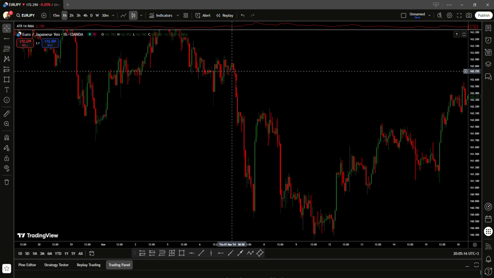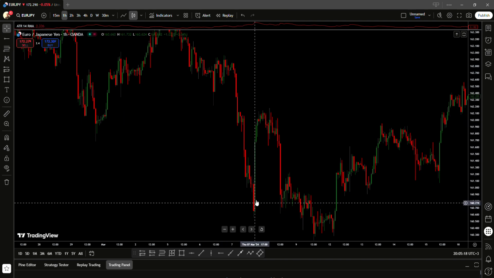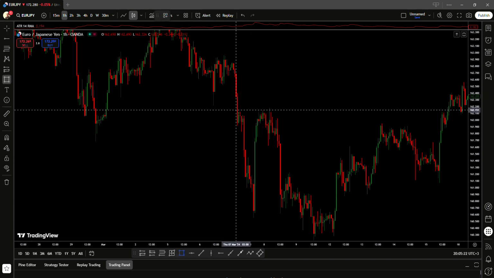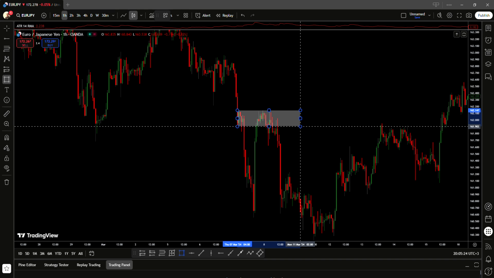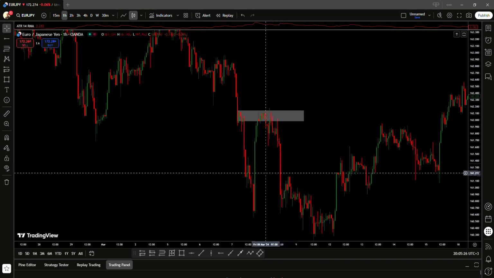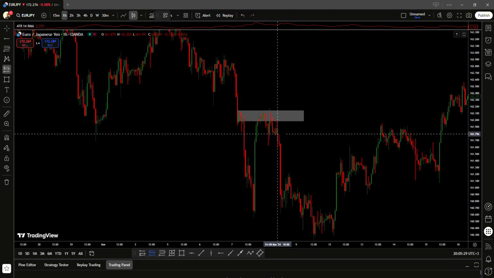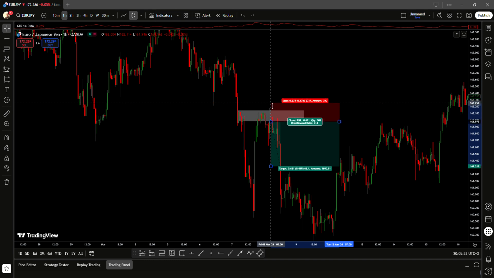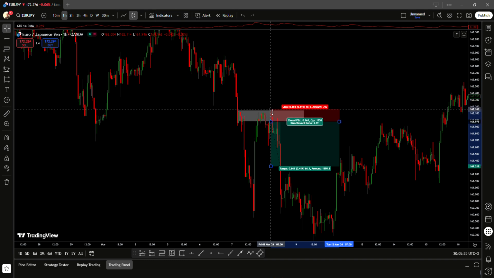So after price changed character from here, it started dropping. Then we had this one: drop, base, drop. So where do we mark? We mark this area here. This is the supply zone. Mark it well. And then we are going to put our stop losses like this. That is 18 plus ATR.